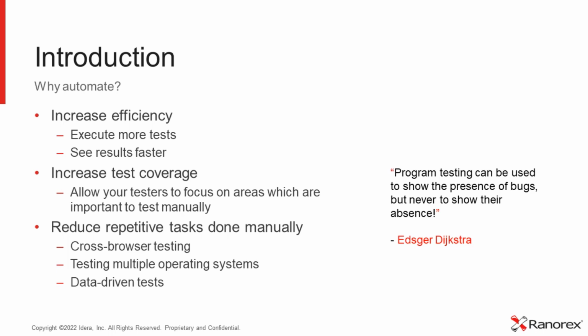So let's take a look at the quote on the right here. Program testing can be used to show the presence of bugs, but never to show their absence. So this means that no matter how much you test, you cannot be certain that your program or application does not contain bugs.